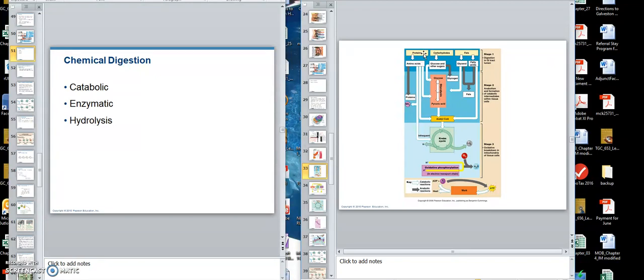When those amino acids go into a cell, inside the cell, they'll be reassembled to make proteins, because that's part of your body. Now, if you're in starvation, is the only time that you're going to use what? Amino acids for energy. But amino acids should be used to make proteins for growth and repair.